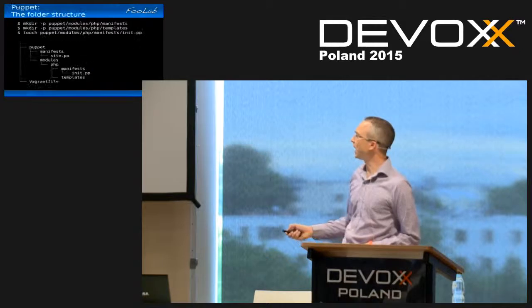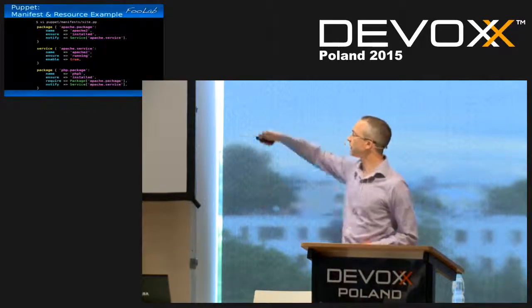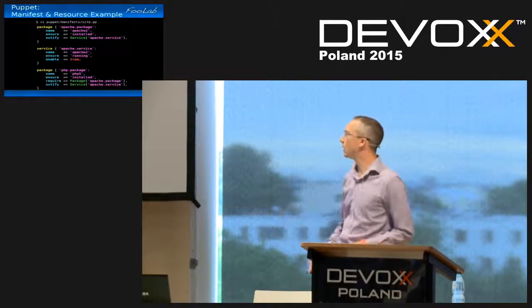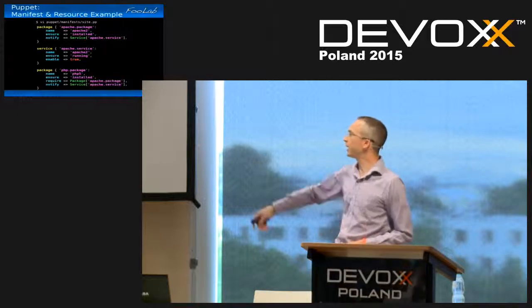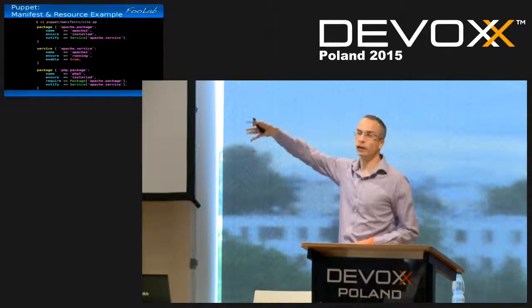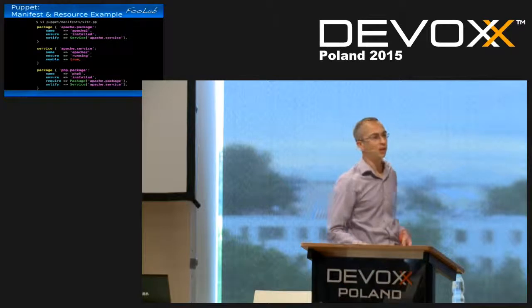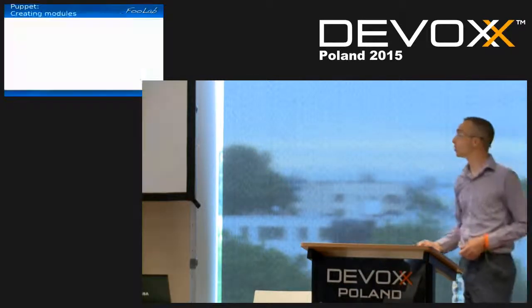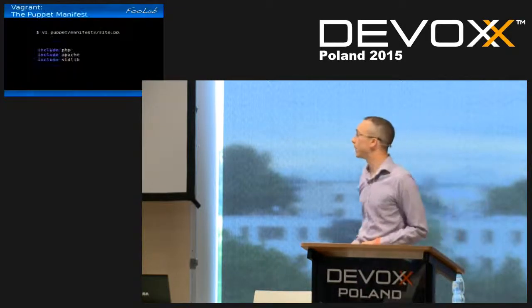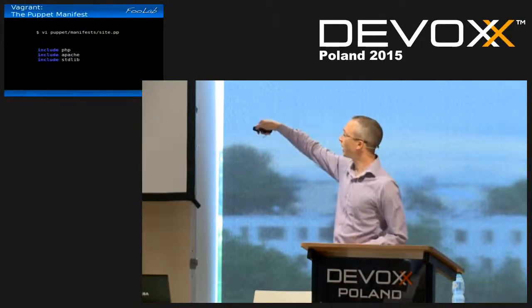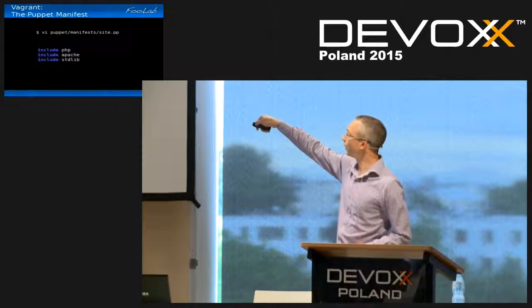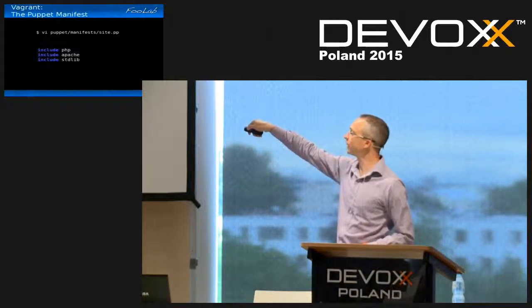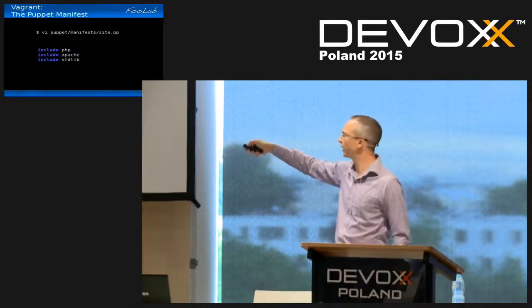So initially we had this manifest, and if you keep going this way, your first manifest is going to get very messy very quickly. So you want to simplify that. You want to start writing modules, and here what we're doing is simply including modules. In this case, we're including the PHP module and the Apache module, which I didn't explain how.